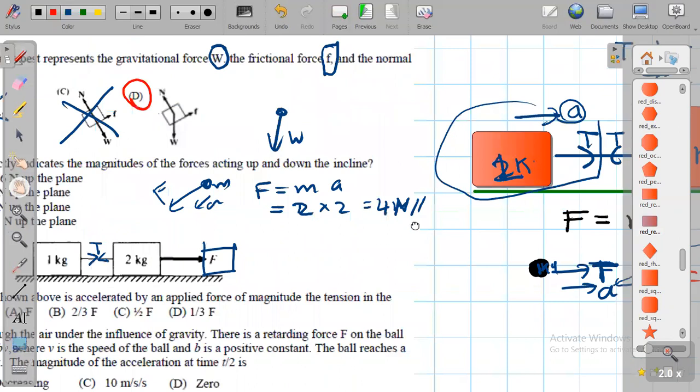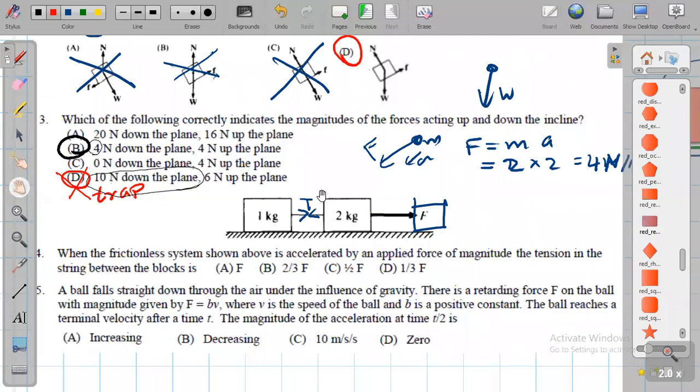Understand or not? Answer is D. Is there anybody who can't understand this? Please raise your hand if you can't. Lamai, is there anybody who can't understand this one?